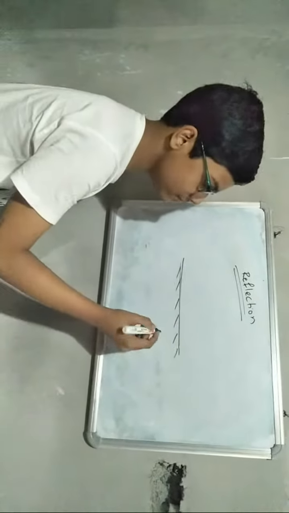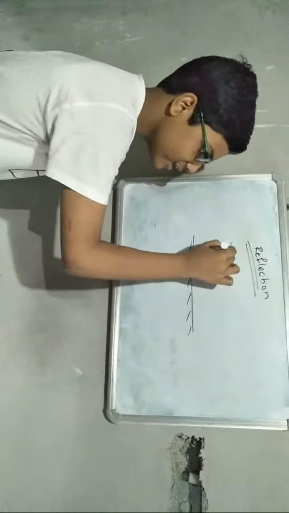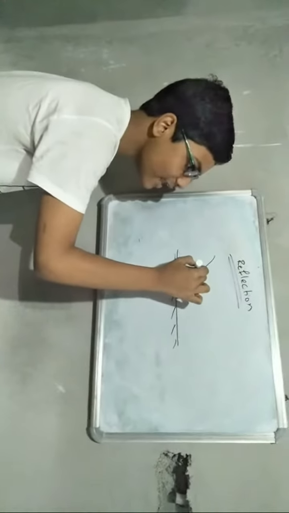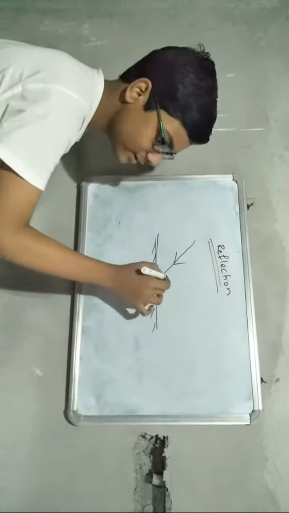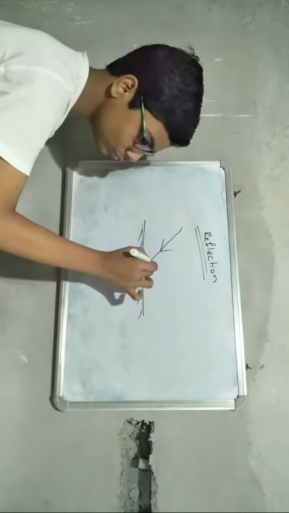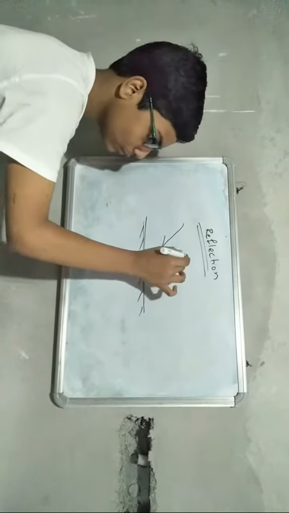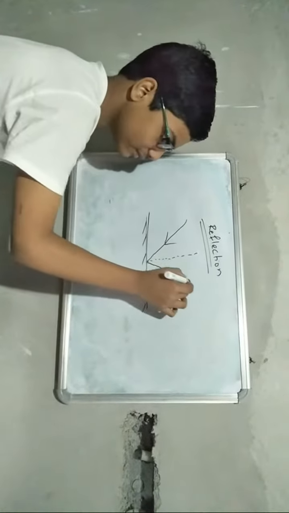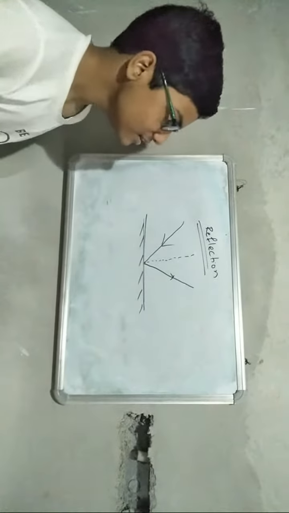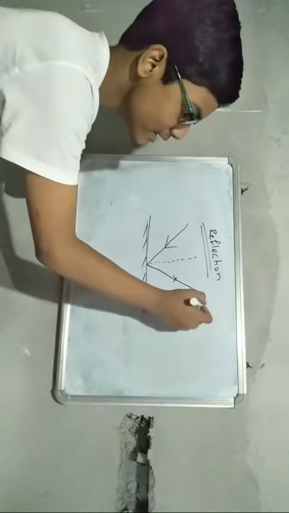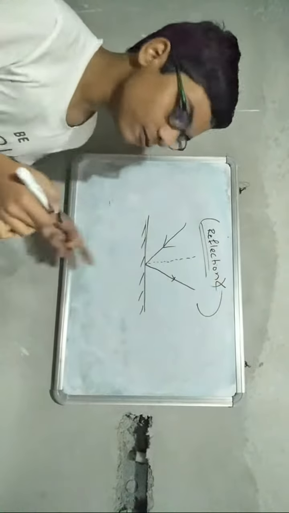So this is the plane mirror. Now if a light ray falls on it, corresponding to the normal, it reflects the light. This phenomenon is known as reflection of light.